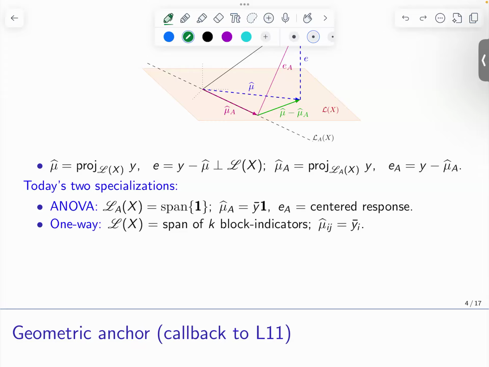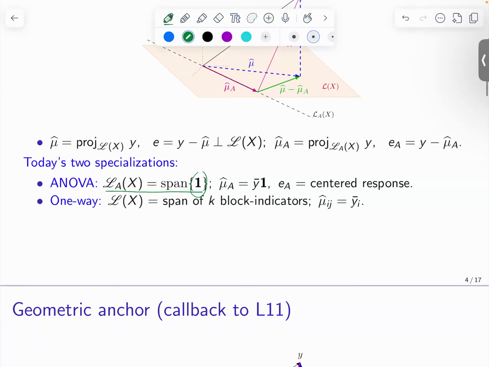The design matrix for the reduced model reduces to a matrix with just one column, the column of all ones. And so the subspace is just the span of 1. It's a one-dimensional subspace. And then the mu hat A would be simple, like y bar times 1, and then EA would be the centered response.